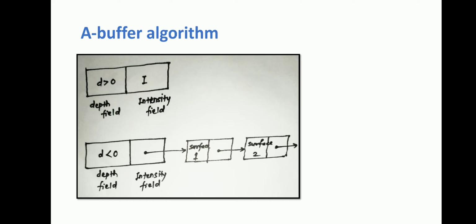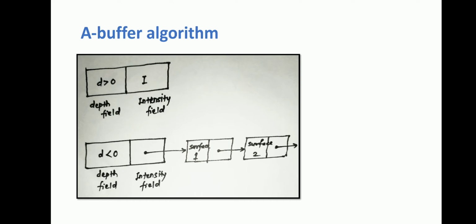If the depth field has a value less than 0, there is no single surface; there are multiple surfaces, which include transparent surfaces. Based on that you can find the intensity.